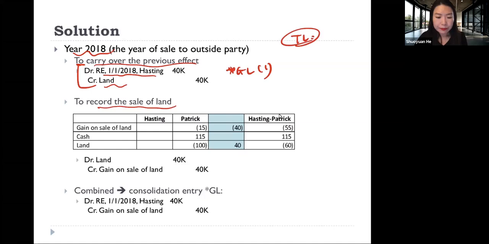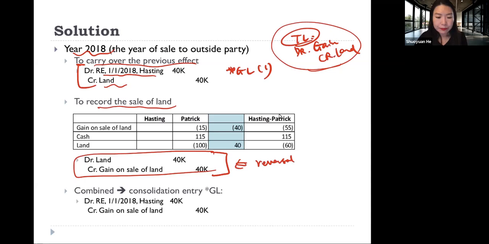It can be viewed as a reversal of the TL entry, which is to debit land, credit gain on sale of land for 40,000. So this is one way to think about this entry.